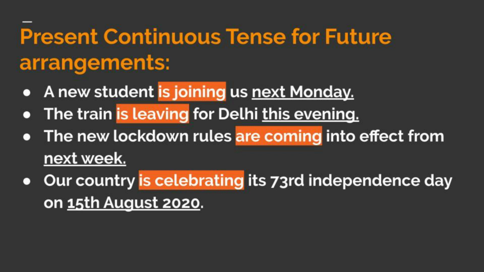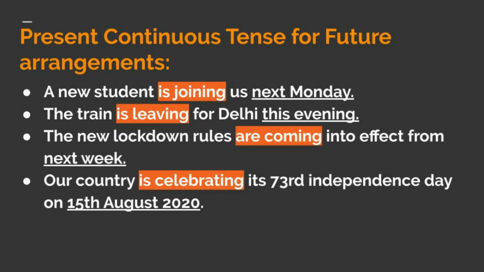You can just check here that in the present continuous you have to give the specific time, when we are talking about future plans or arrangements. So look at the next one. The train is leaving for Delhi this evening.